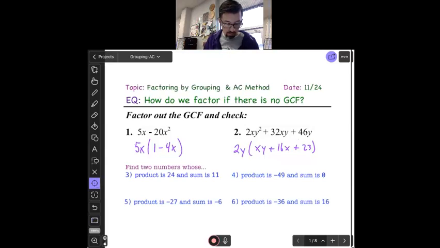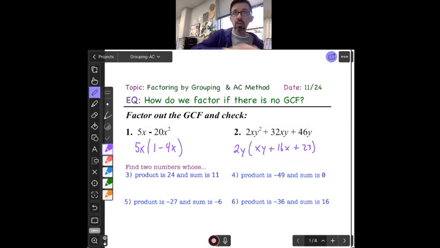Sophia, what did you guys get for number 3? Two numbers that multiply to be 24 and add to 11. Okay, Kaylin, what did you guys get for number 3?